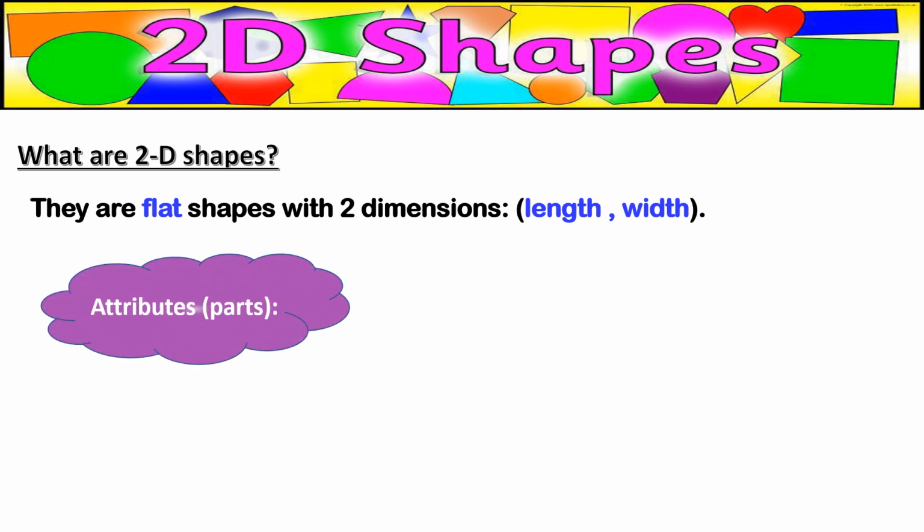We have some attributes, which means some parts of 2D shapes. First part, side, and its plural is sides. And the second part, vertex, and its plural is vertices.